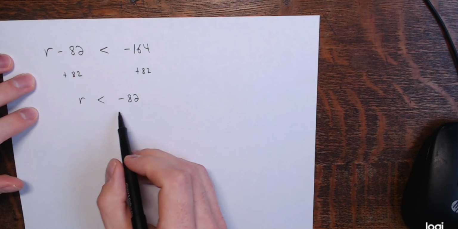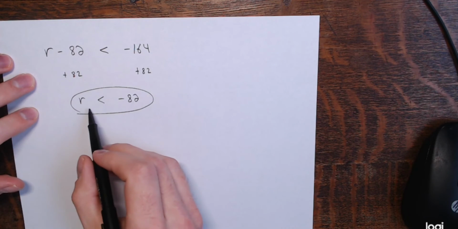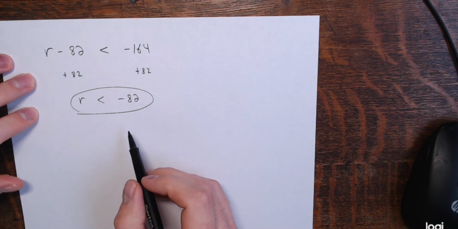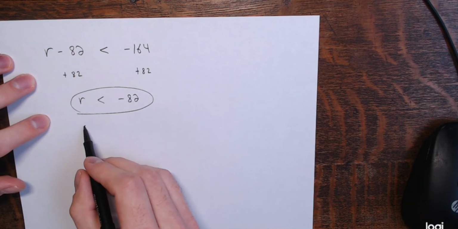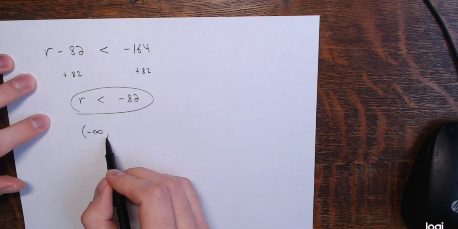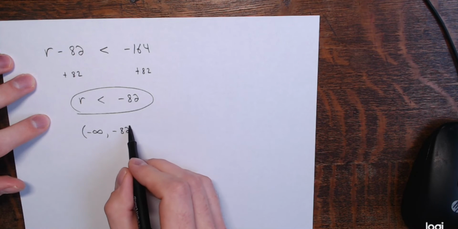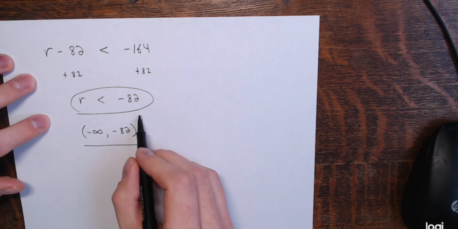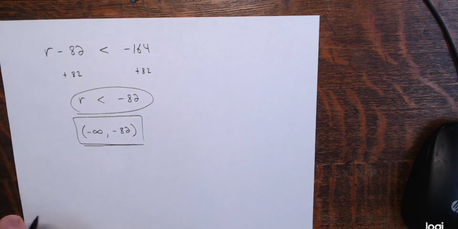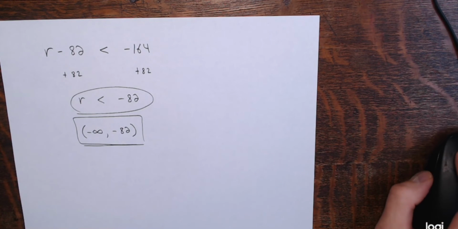And that's it. And then in interval notation, right, this would be all the numbers less than but not equal to negative 82. So that'd be from negative infinity up to negative 82, but parentheses on negative 82, and you can make a graph if you want to. And let me just double check that I wrote the problem out right this time. 82, yes. Oh my goodness.